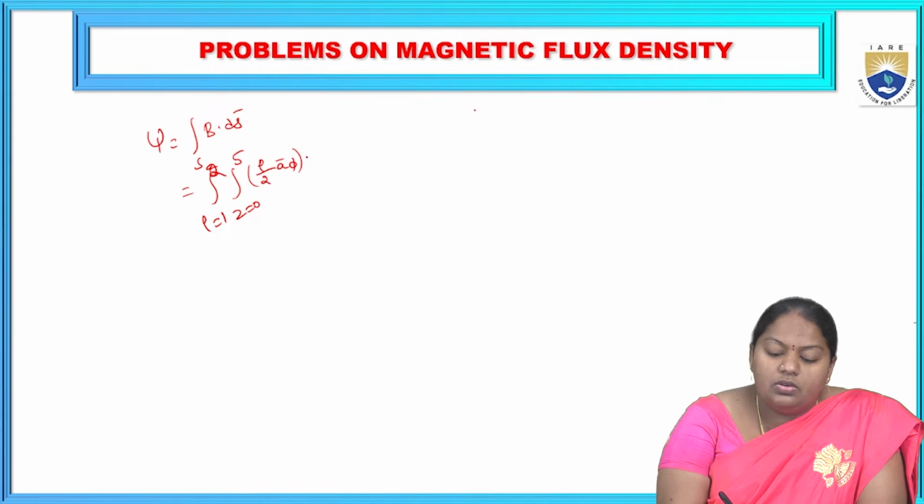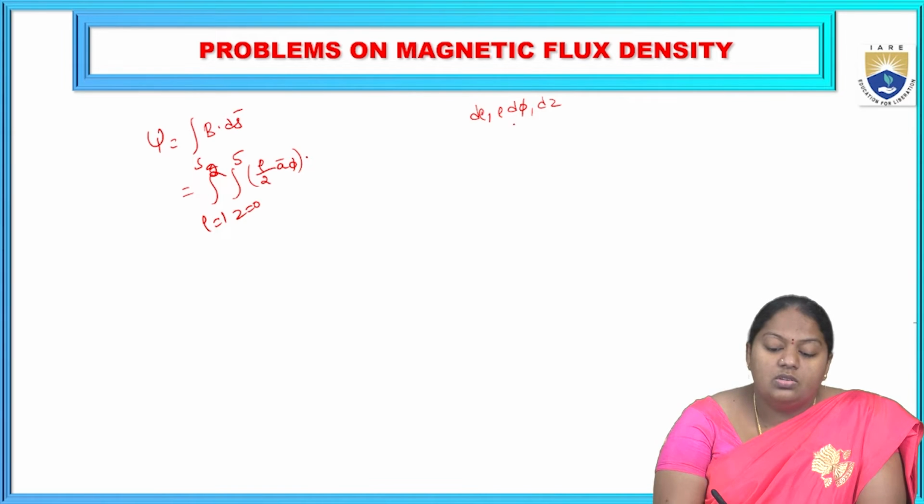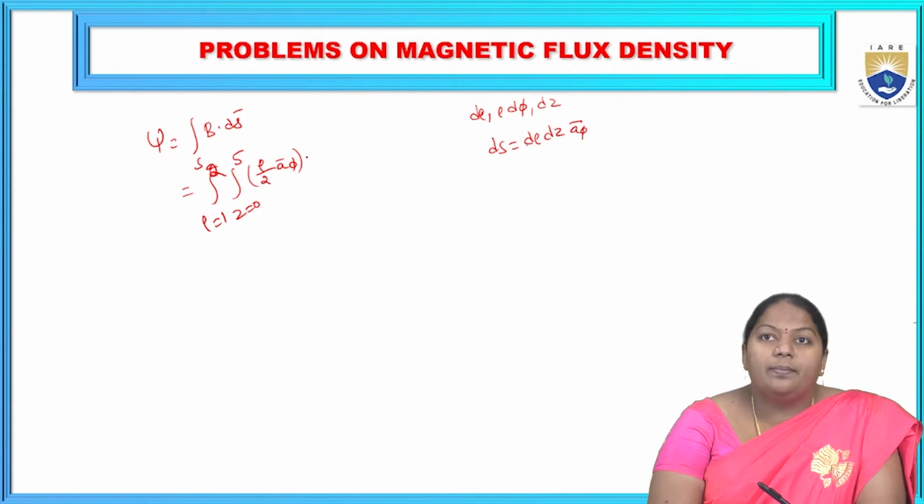So now to write the dS formula in the cylindrical coordinate system, the differential components are d rho, d phi, and dz. If you observe, the B value is obtained in the phi direction. So phi direction means we are supposed to consider the plane of z and rho components. Hence, the dS formula becomes d rho dz into a phi. Right?